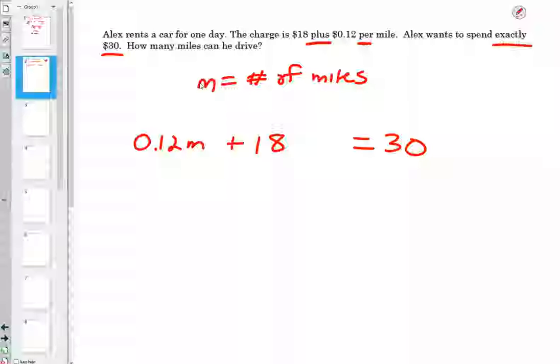The equation has been written. Now it must be solved. The only thing that you can do differently and still get it correct is if you put the 18 first and then plus the 0.12m, that's fine. Anything else is wrong.